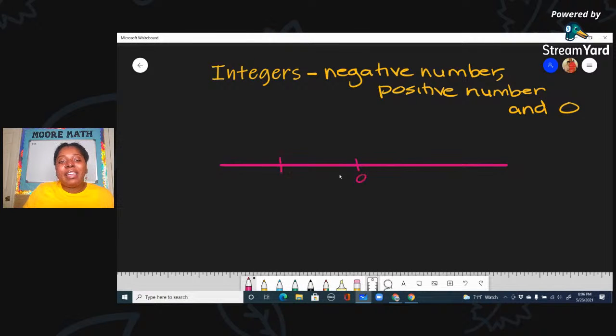I mean like negative 4 and 4, or negative 3 and 3, right? So that's what I mean by opposite. Now, what makes these numbers opposite? So let's start with negative 4 and 4. What makes them opposite?